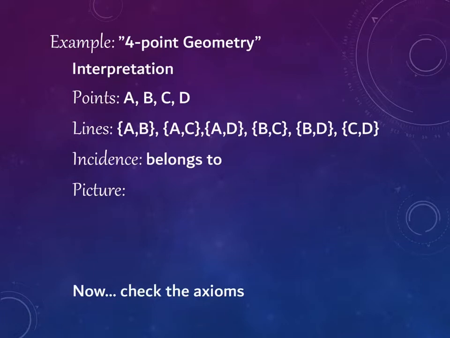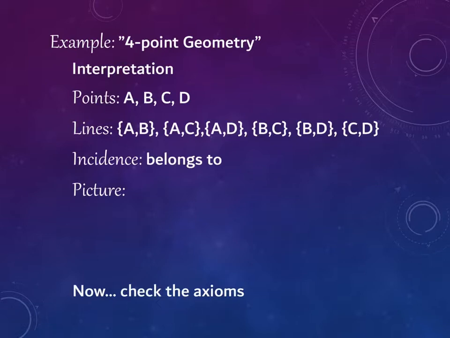Our interpretation is that we have 4 points and we're labeling them A, B, C, D individually. We have lines that connect every pair of them. So there's a line AB, a line AC, and so forth. And incidence means belongs to, just like it did for set.